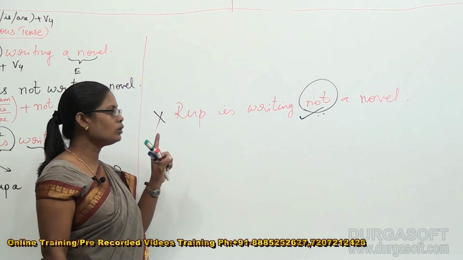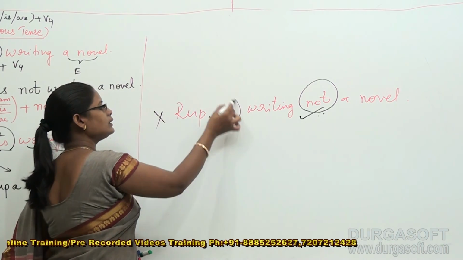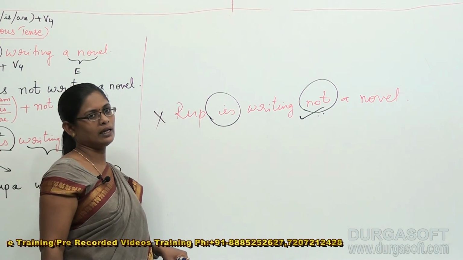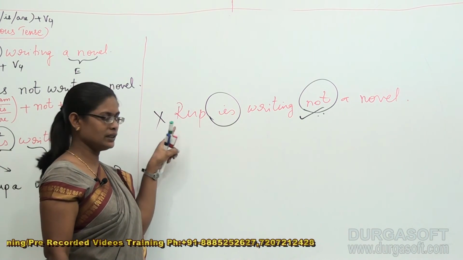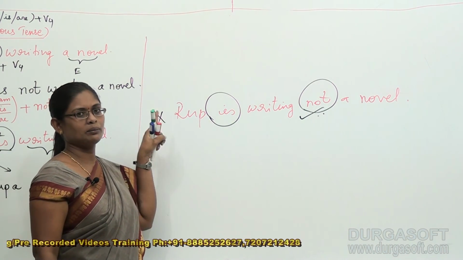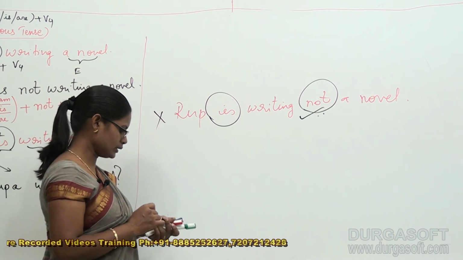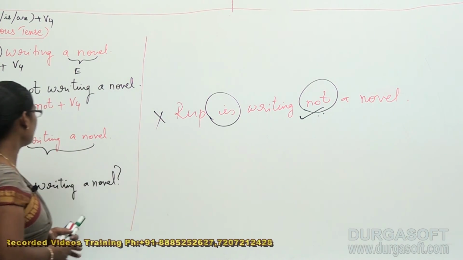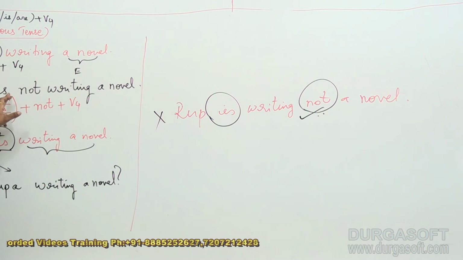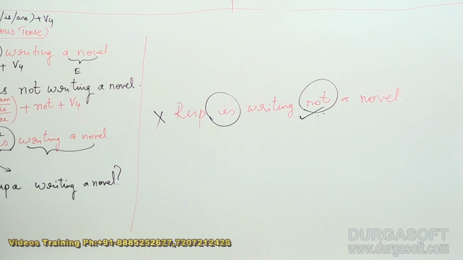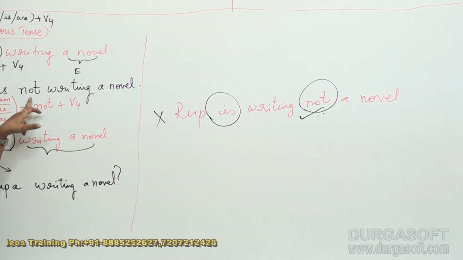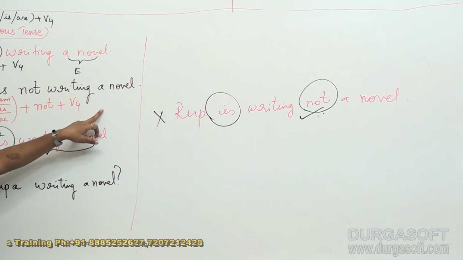So the rule to provide not is always beside the helping verb, and the helping verb always depends upon the subject that is taken, the subject that is discussed. Okay students, right, that is why we have provided not immediately after is. So then it became Rupa is not writing a novel.